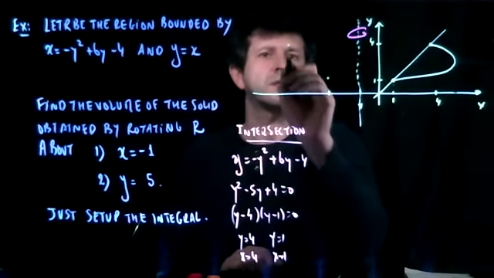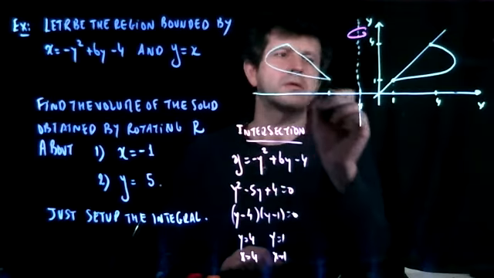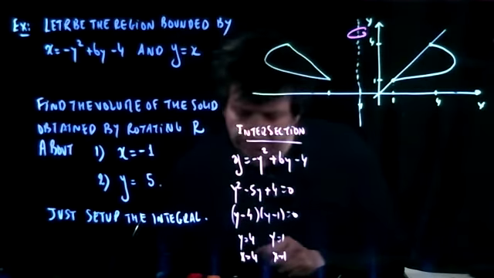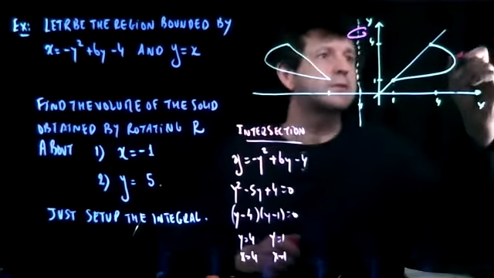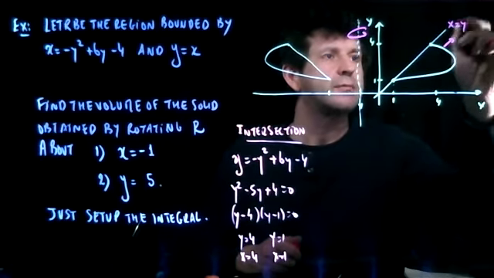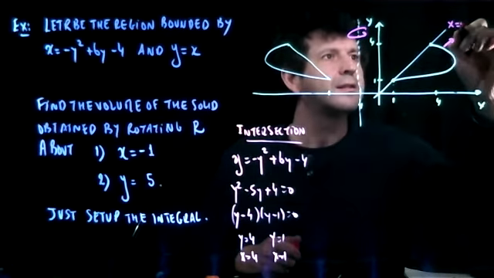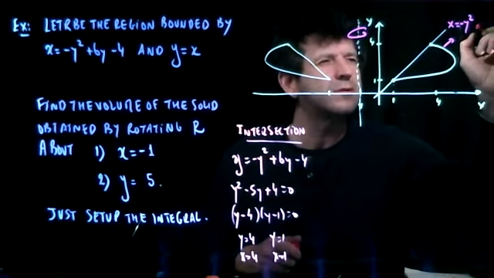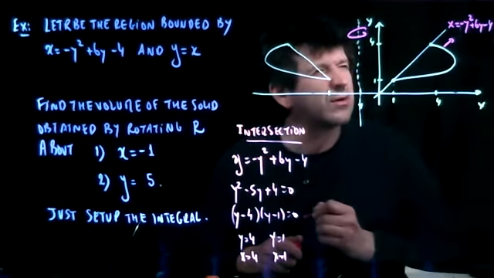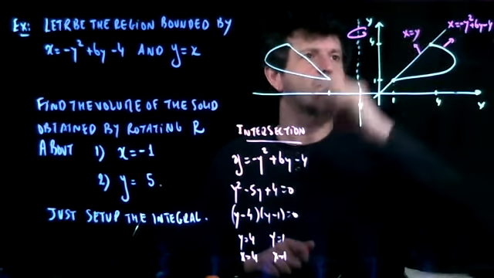This is x equals -y² plus 6y minus 4. And this is x equals y.